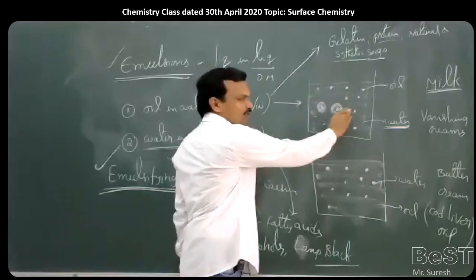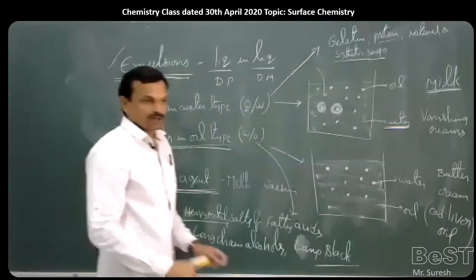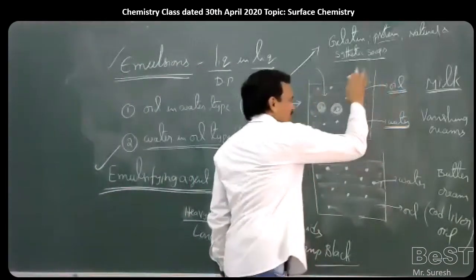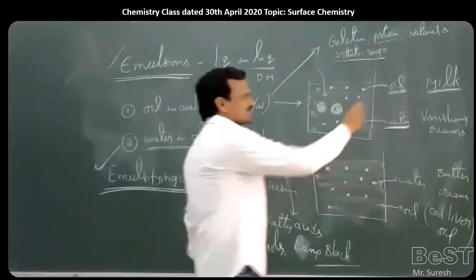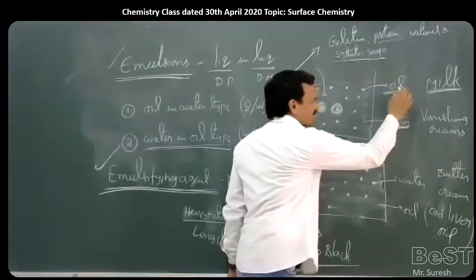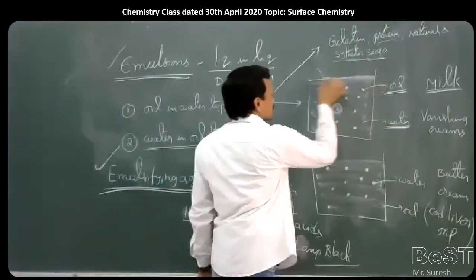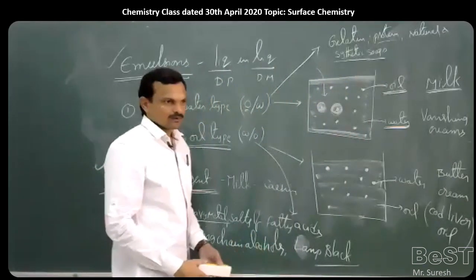Suppose oil dispersed in water is there, by adding water to this, we can dilute this emulsion. But by adding dispersed phase, we cannot dilute this solution or increase the concentration. If dispersed phase particles are added, then it forms a separate layer on the surface or at the bottom, depending on densities.